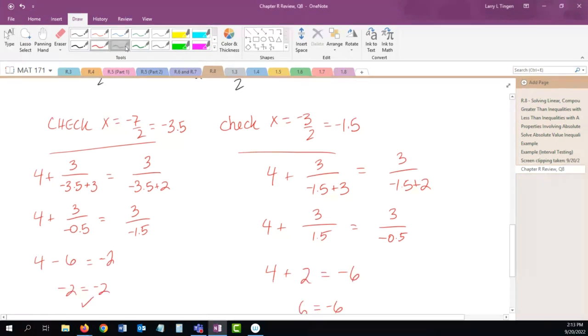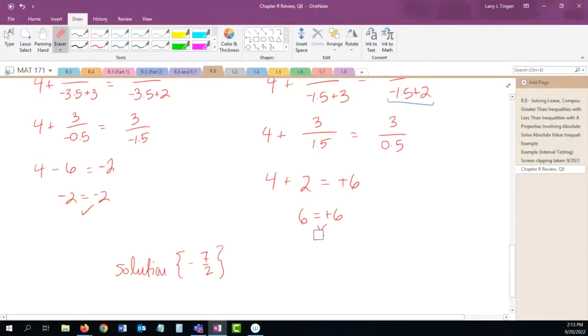Look at me being a silly, silly goose. Negative 1.5 plus 2 is not negative 1/2, it's positive 1/2. Which makes all the difference, because now this is positive, which means this is positive, which means 6 is 6. So that does check. So my solutions are negative 7/2, negative 3/2.